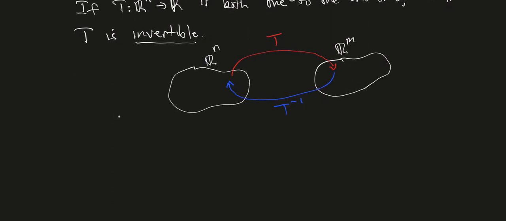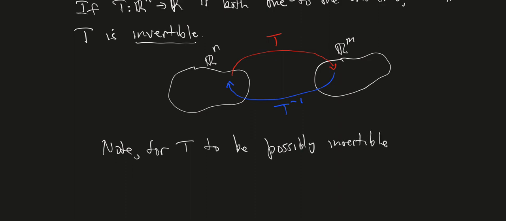So note, for T to be possibly invertible, the standard matrix of T would have to be a square matrix.